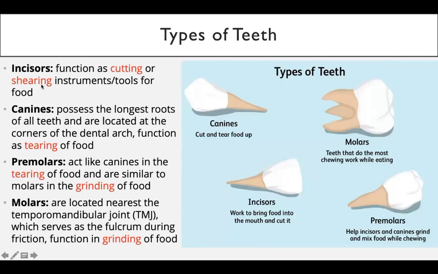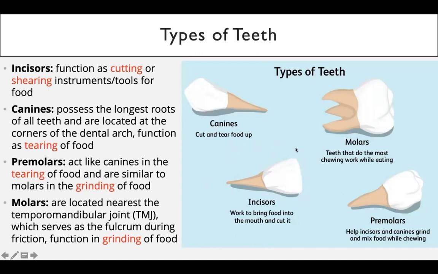Let's start with their description. Incisors function as cutting or shearing instruments, tools for food. So incisors, where are you? Here. So you are flat here, and you have a sharp, knife-like edge for cutting.